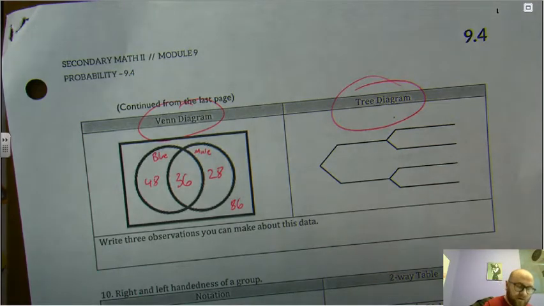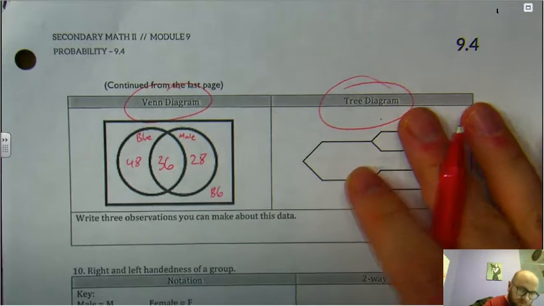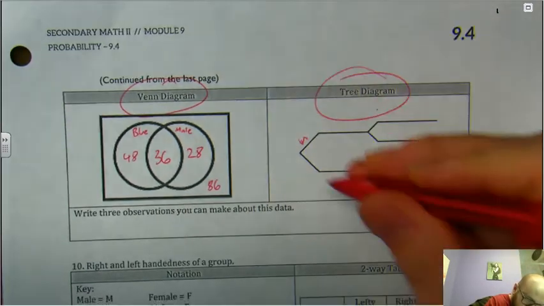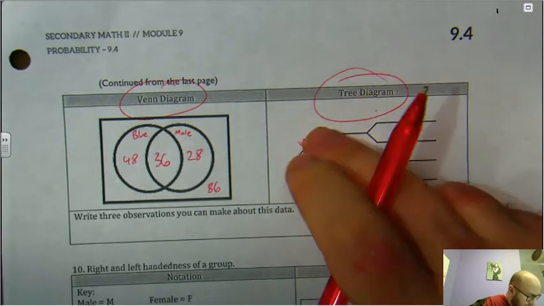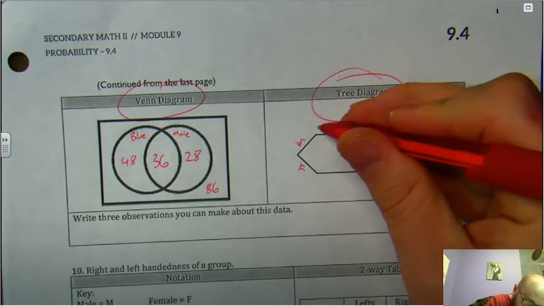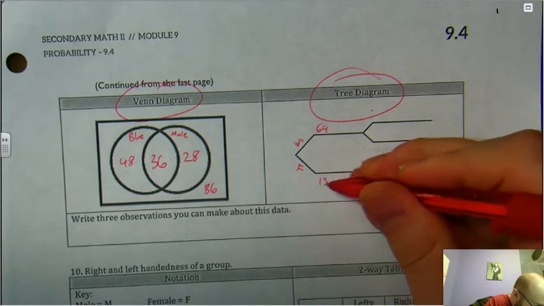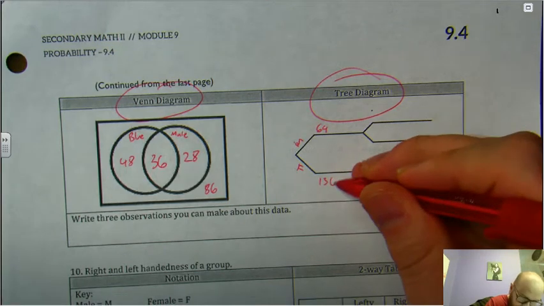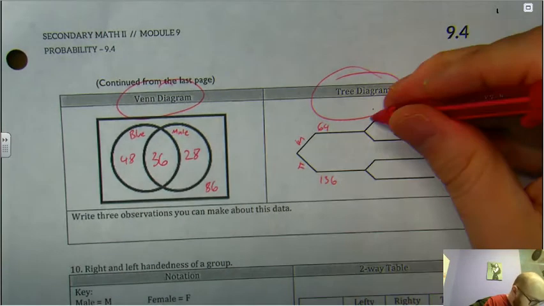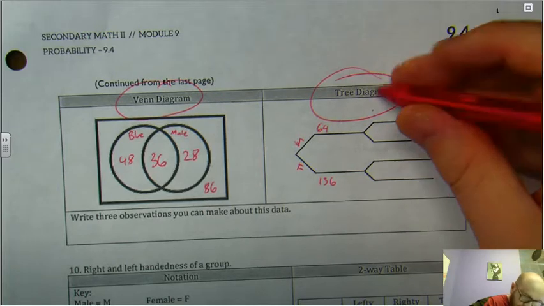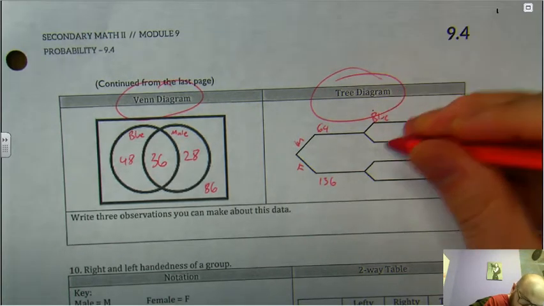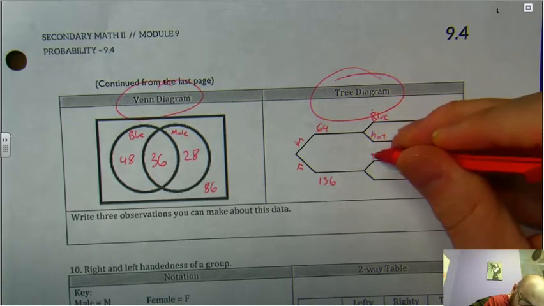And then the tree diagram we can make very similarly. We could say this is male. We could say this is female. We had a total of 64 males. We had a total of 136 females. Okay, and then this would be blue, not blue.